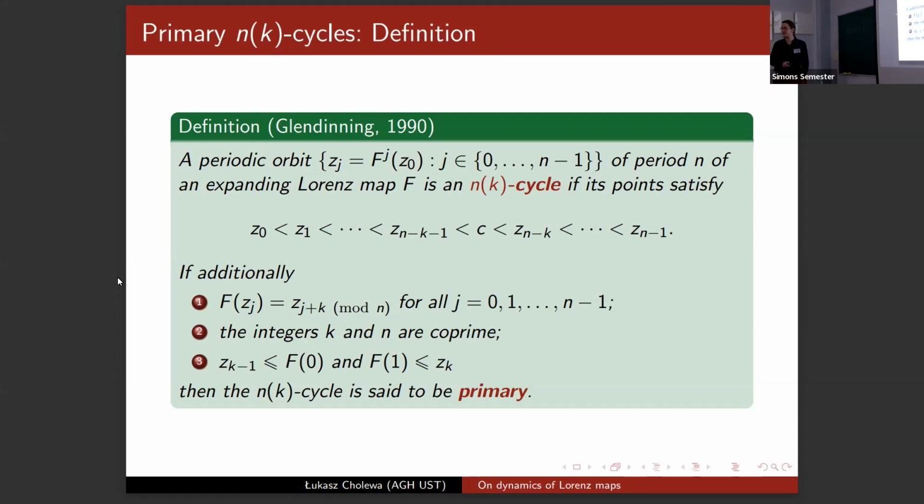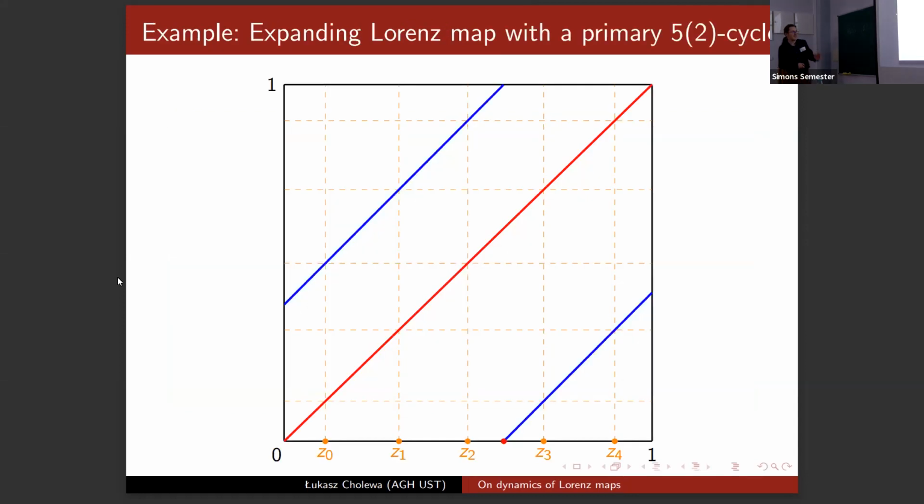So to clarify, here Z1 is the image of Z0, Z2 is the image of Z1. No. This is the geometric order, with dynamical jumping. Z0 goes to ZK, ZK modulo n. So again, an example. Here we have a 5-2 cycle. Z0 goes to Z2 modulo 5, so Z2.